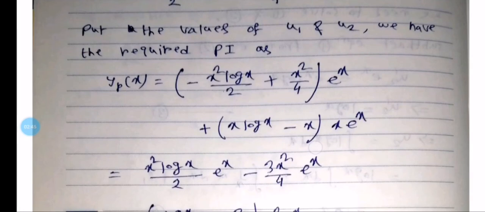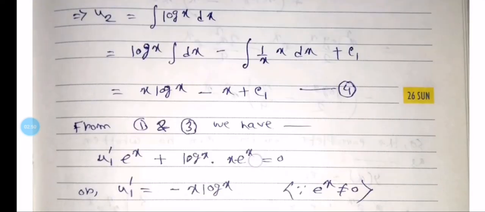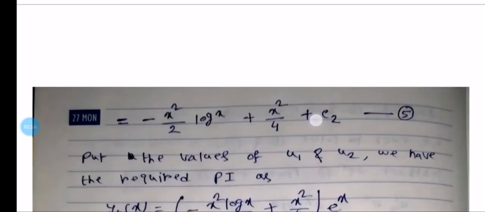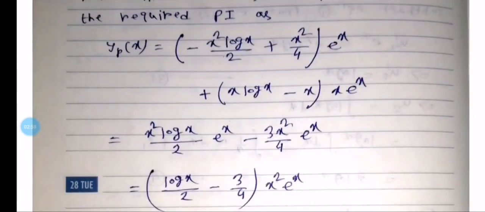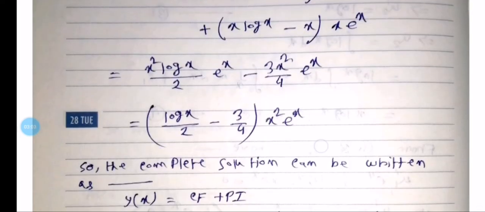Similarly u2 value into x e to the power x, where the u2 value is x log x minus x, and you can omit the constant, so you write the u2 value without constant into x e to the power x. After calculating you will get this term.